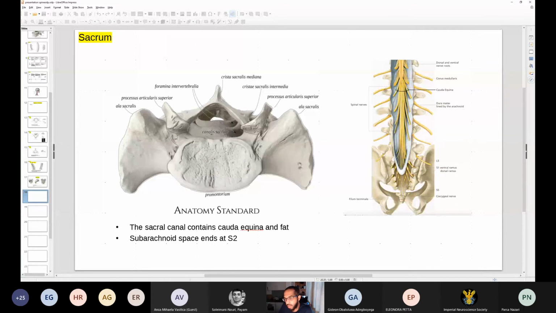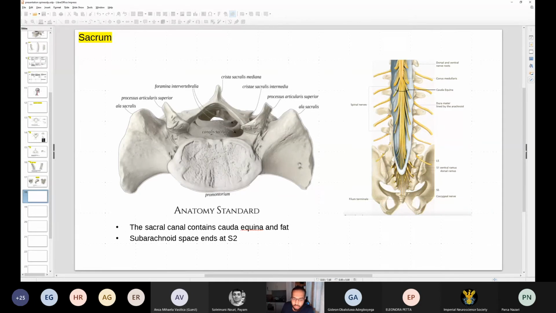All these functions are very important, and they have a direct effect on the quality of life and functioning of the patient. So this is a really important area to know and understand.